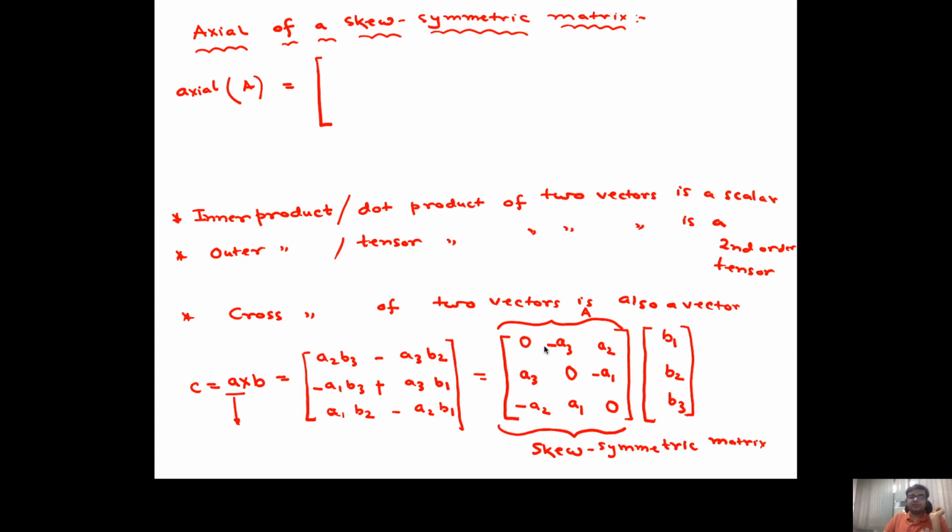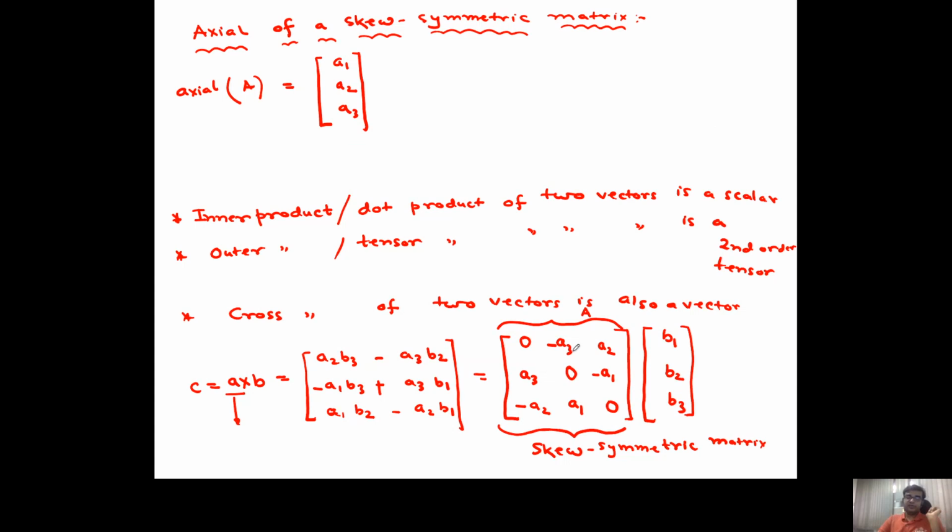So axial of this matrix will give you back this column vector. So axial of A is basically A1, A2, A3.